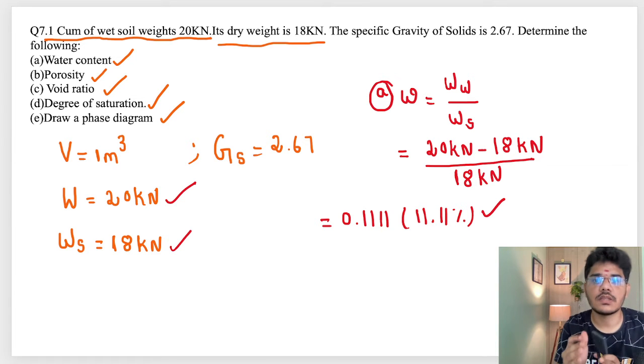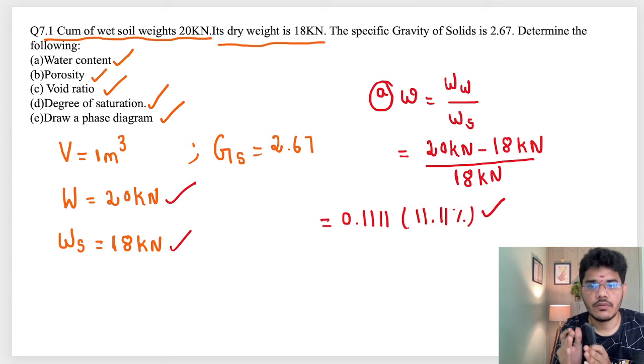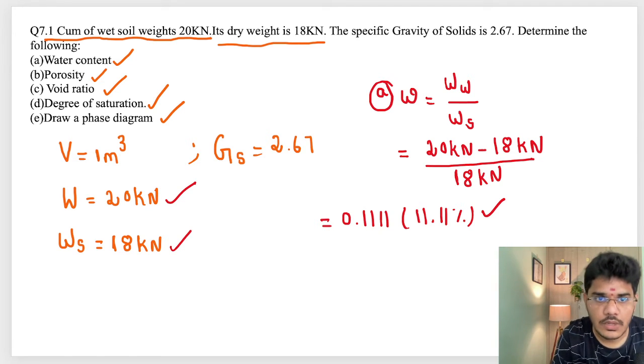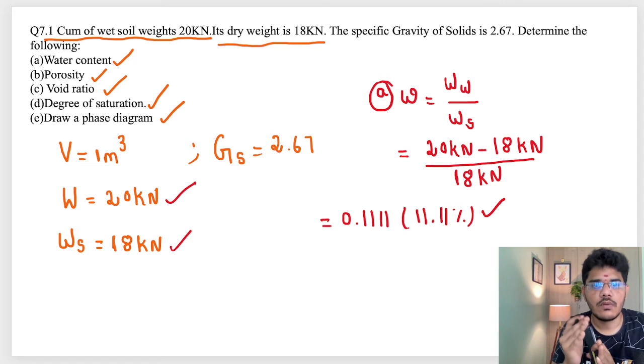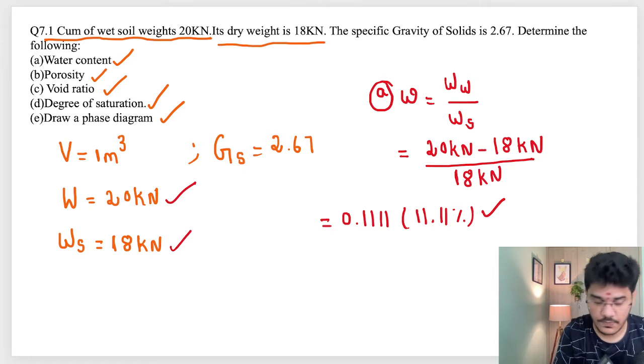So the water content is found to be 11.11 percentage. Now next, if you calculate the porosity, then we get the void ratio, and if you calculate the void ratio, then we get the porosity, because we have a relationship between void ratio and porosity.